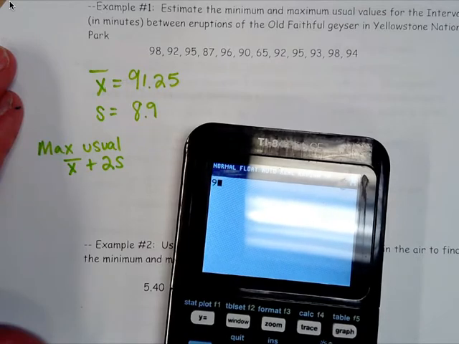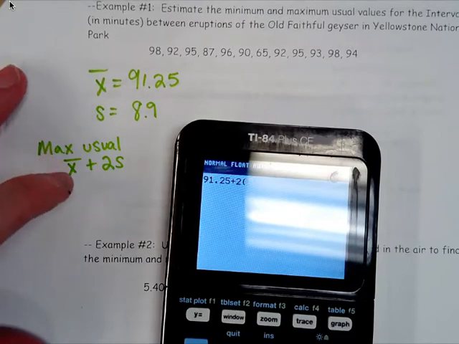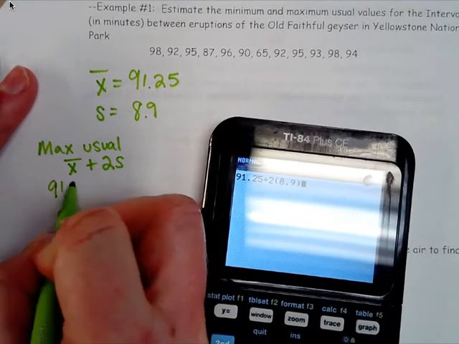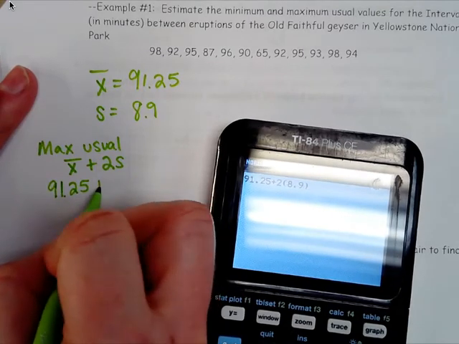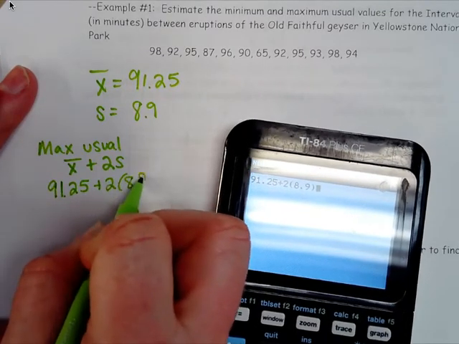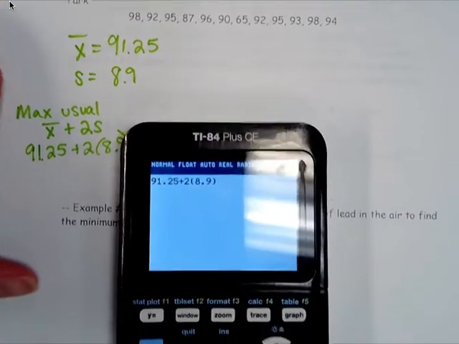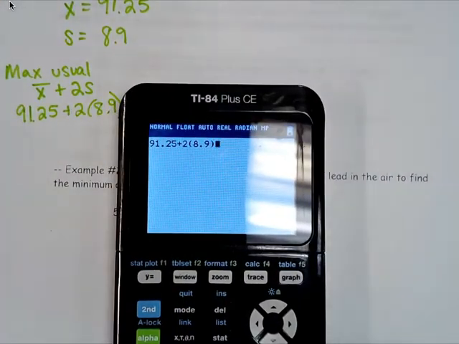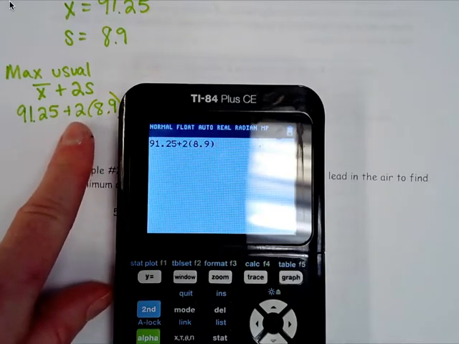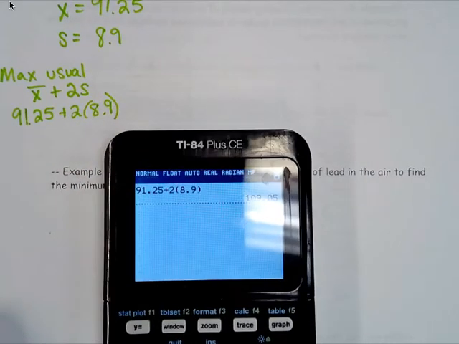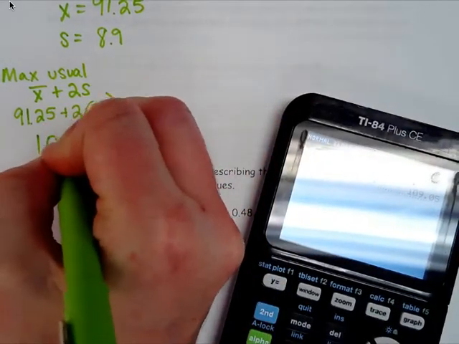So 91.25 plus 2 times 8.9, if you want to write that down before we actually plug it in. Because standard deviation is how far away you are from the mean. So this is saying most of the values are within 2 standard deviations of the mean. So that comes out to 109.05.